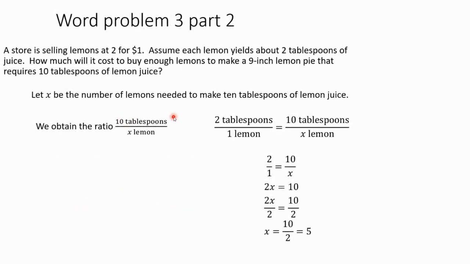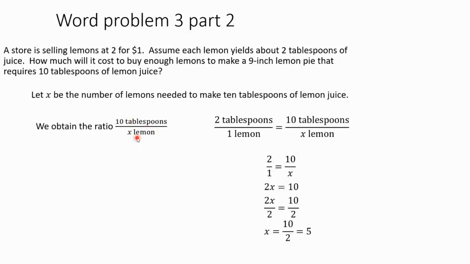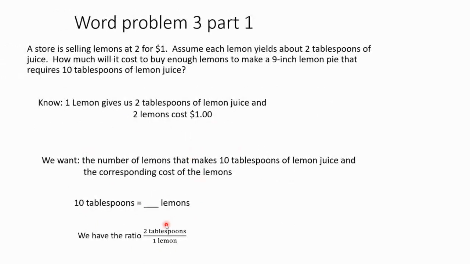So essentially, I'm going to say, let X be how many lemons we need to make 10 tablespoons of lemon juice. So essentially, X is going to be where the blank is, so to say. And then we make another ratio. We have 10 over X. Okay, sorry to go back and forth like this, but we have 2 tablespoons per lemon, right? 2 tablespoons of lemon juice.